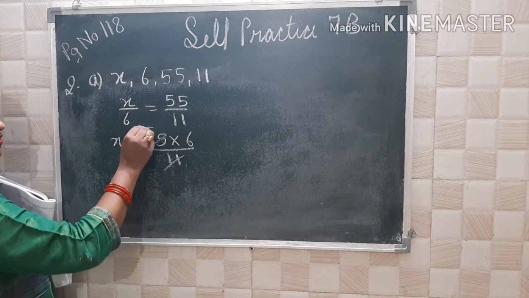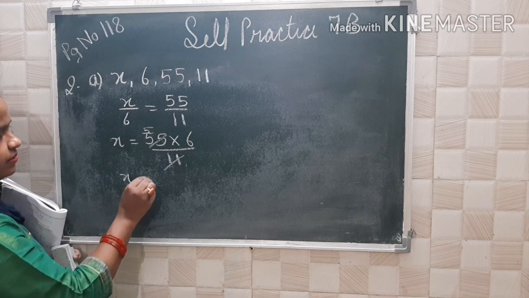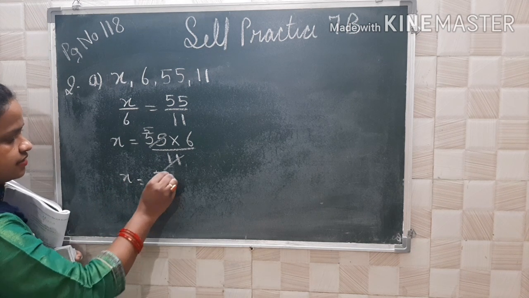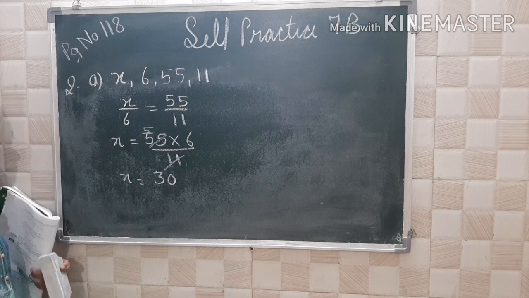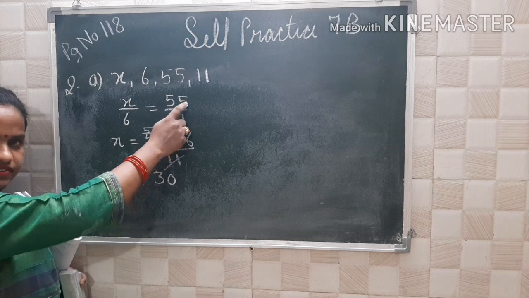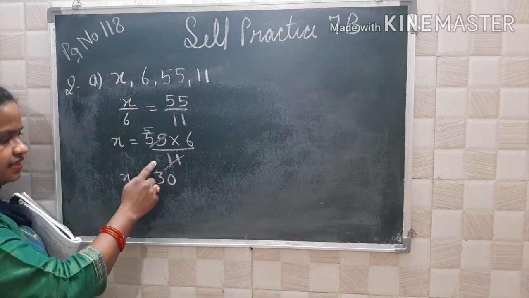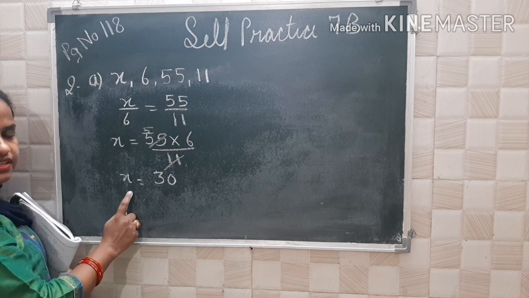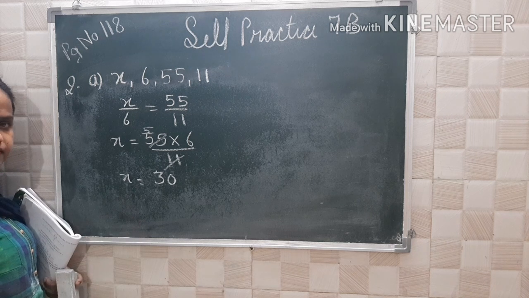11 5s are 55. X will be equal to 5 6s are 30. Clear? Cross multiply and this 6 will come here. 11 5s are 55. So 5 6s are 30. So what is the value of x here? 30. Clear?